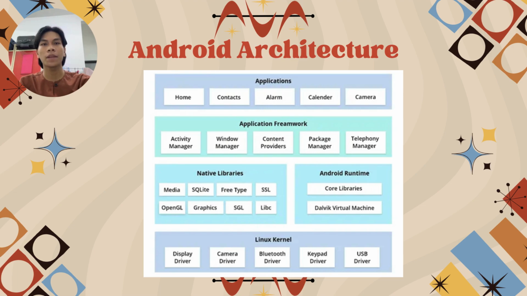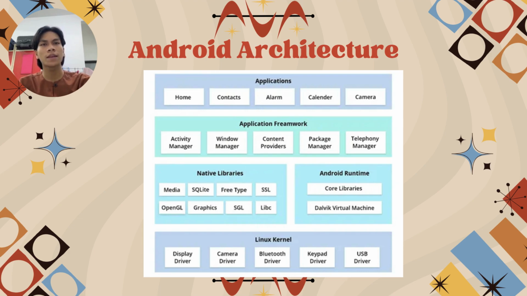Next is the application framework layer, which provides high-level system services to applications. This layer includes components such as the activity manager, window manager, content provider and also package manager.